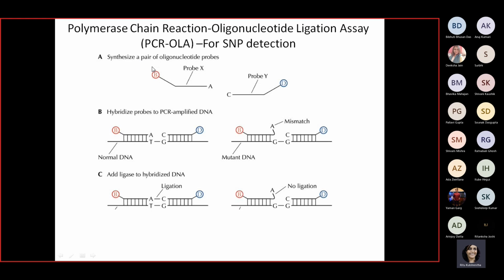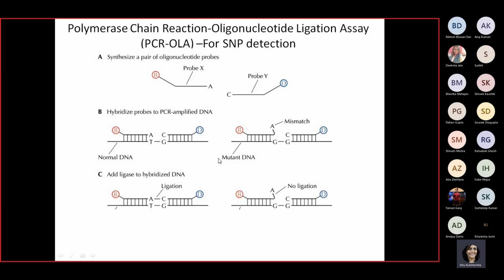In this case, the probe where the end nucleotide was the nucleotide that we are interested in has a biotin at one end. It is labeled with biotin. While the other probe from the 3' end has digoxygenin on this particular end.